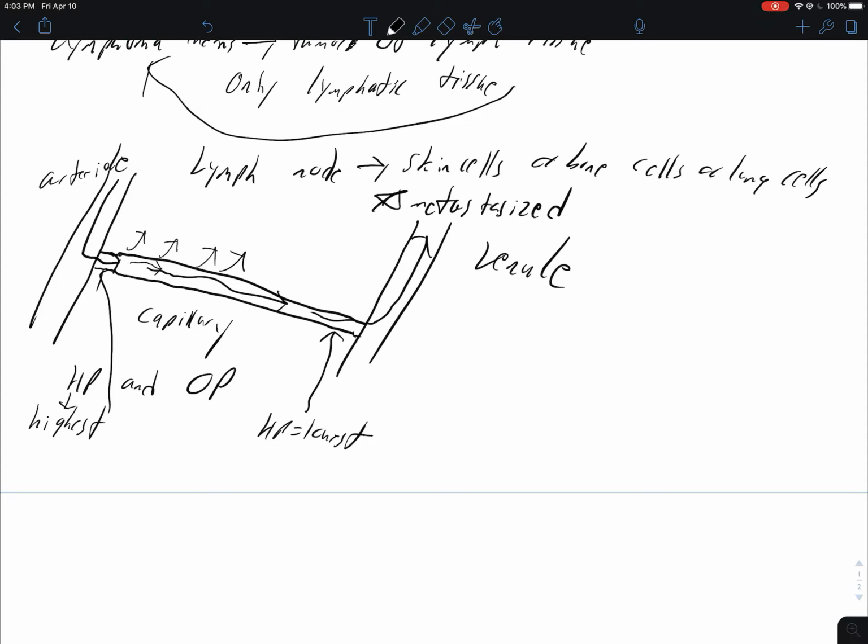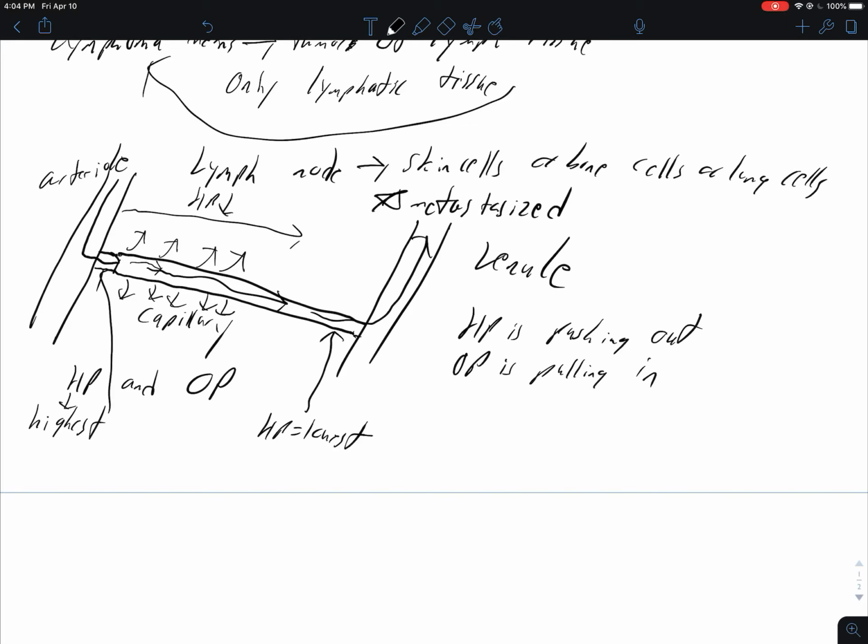If we have less fluid in the capillary, we have less blood pressure. So HP is pushing out, OP, osmotic pressure, is pulling in. As the blood travels this direction in the capillary, hydrostatic pressure is dropping.